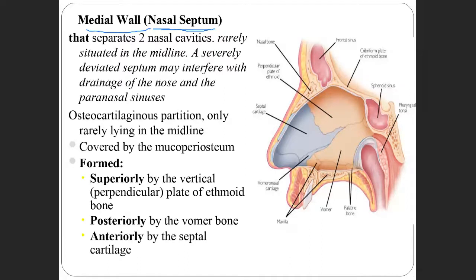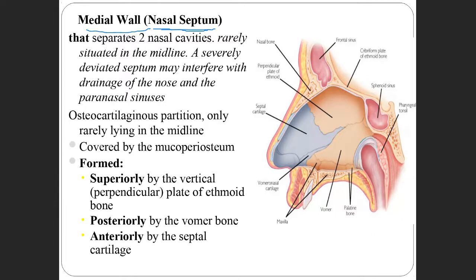A severely deviated septum may interfere with the drainage of the nose and the paranasal sinuses, because behind this all the sinuses open.